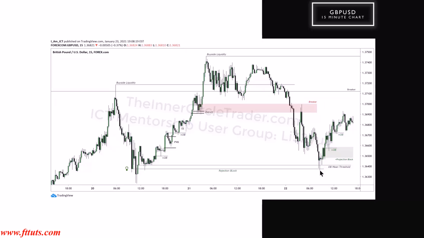It's something that you cannot appreciate unless you know and believe in an algorithm. The algorithm is taking out the liquidity here. So the real point of interest is that rejection block there, not the fact that we went down here and it has a lower close. Yes, that is a rejection block, but the majority of the time, the sensitivity is going to be on this particular PD array right there. I think that's going to be it.